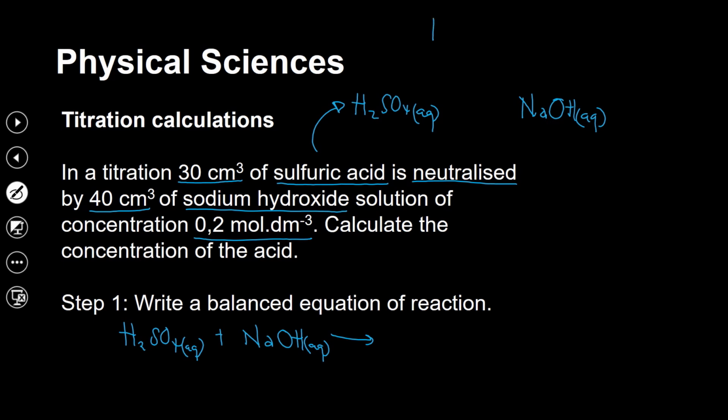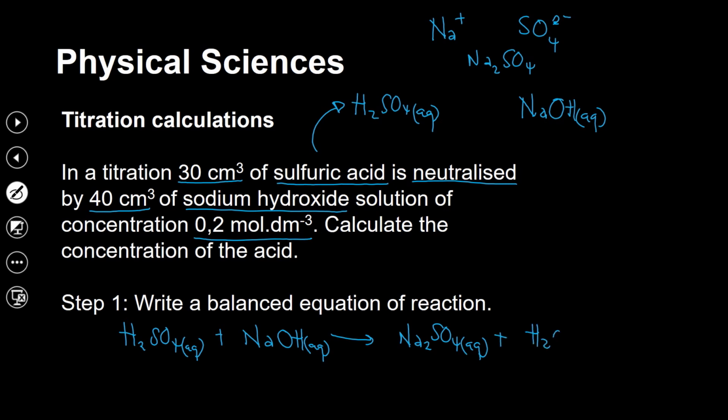Remember, sodium is a group 1 metal, and the sulfate ion is a polyatomic ion, SO4 2 minus. And then the formula for sodium sulfate becomes Na2SO4, plus water.